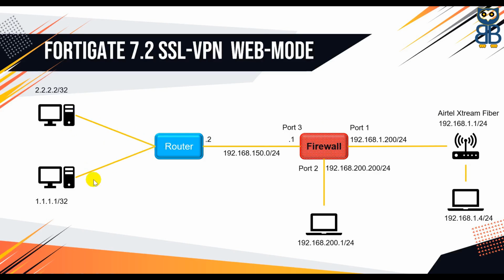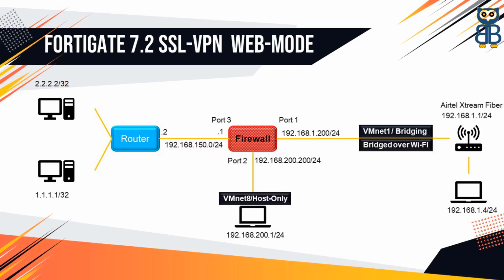I will use loopback interfaces, and one of the loopback interfaces will have IP address 1.1.1.1/32, and the other loopback interface will have the IP address 2.2.2.2/32. So in very simple or generic language, I would say port number 1 is dedicated for the internet network, port number 2 is dedicated for the management network, and port number 3 is dedicated for the LAN network.